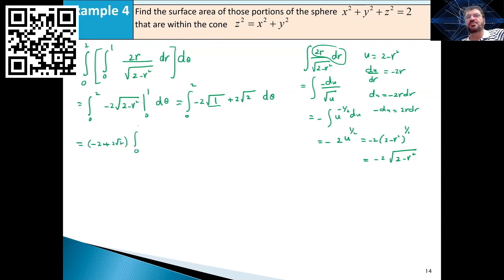I'm left with the integration of d theta from 0 to 2 pi, and we know that this is 2 pi. So it's going to be 2 pi times minus 2 plus 2 root 2. This is the answer of that one.